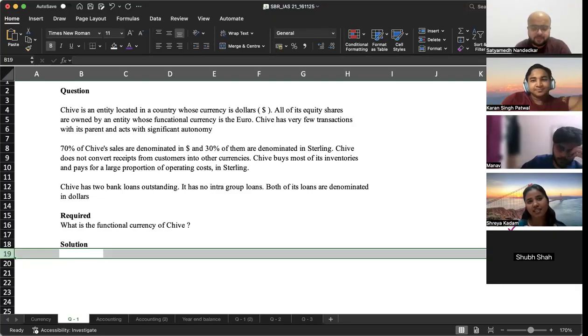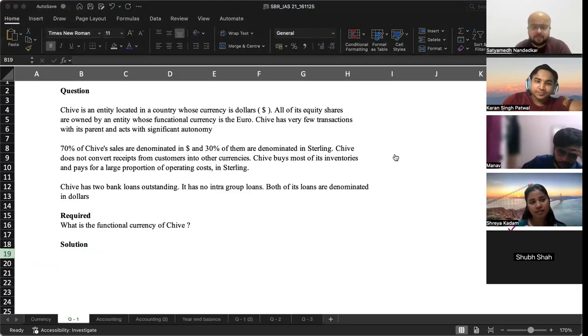What is the functional currency of Chive? Chive is an entity located in a country whose currency is dollars. All of its equity shares are owned by an entity whose functional currency is euro. Chive has very few transactions with its parent and acts with significant autonomy. 70% of Chive's sales are denominated in dollars and 30% of them are denominated in sterling.